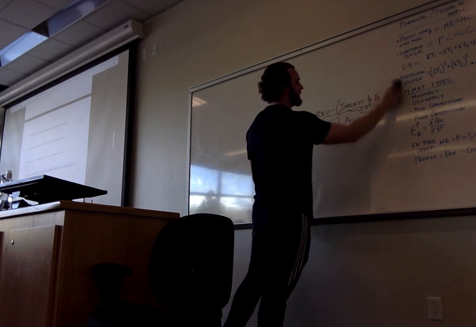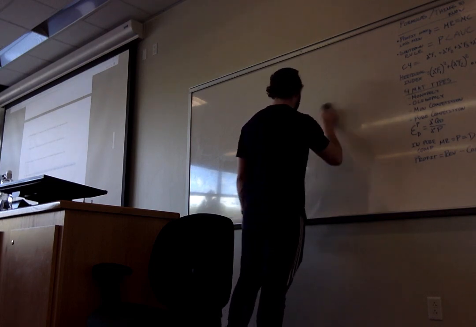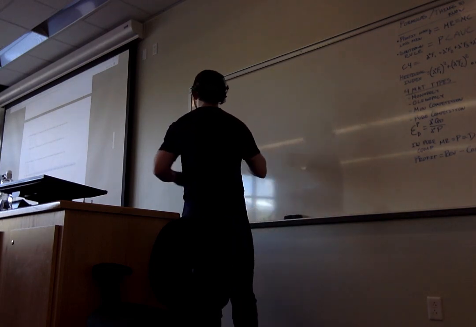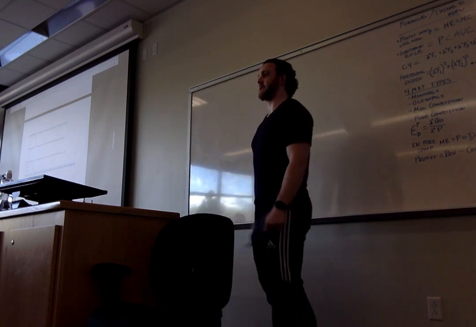Something that would be good to know, that I'll just write down. I don't know if I should put this in the blue section or not, but monopolies can incur an economic profit long term.